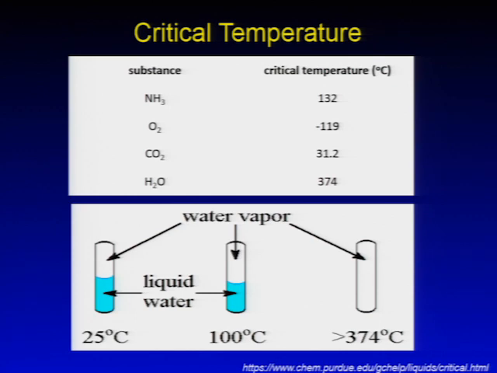As you can see here, oxygen has a critical temperature of minus 119 Celsius, carbon dioxide has 31.2, and water has 374 Celsius, which means at a temperature higher than 374 Celsius, you cannot liquefy water.